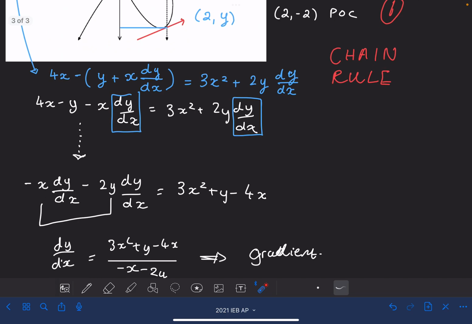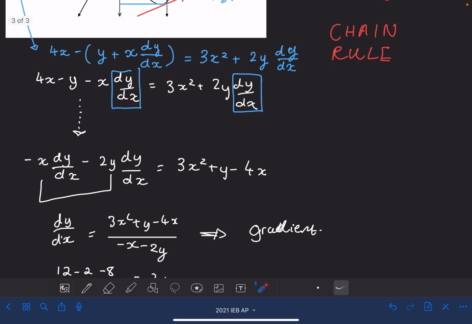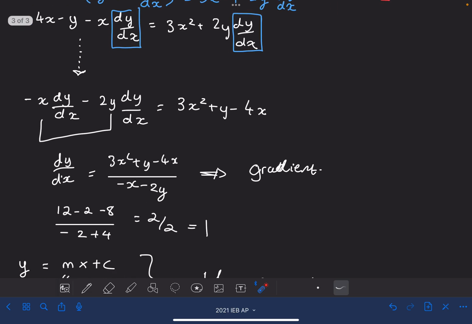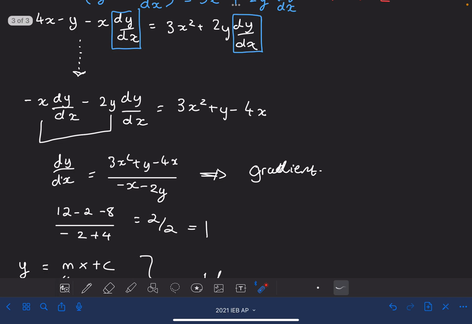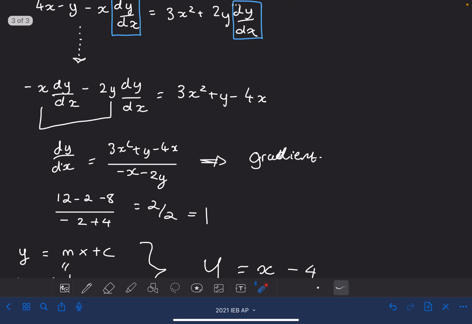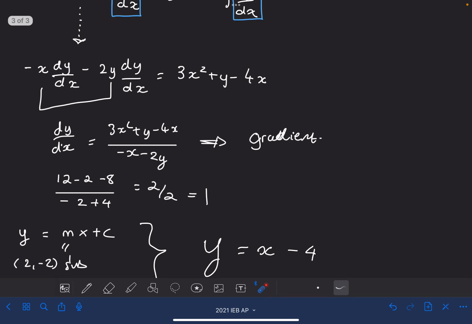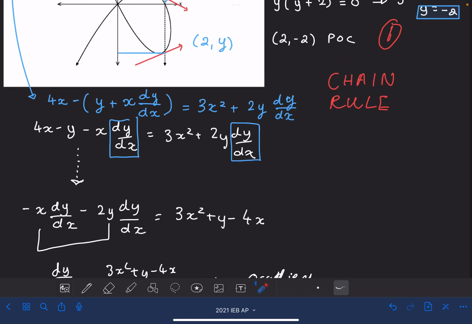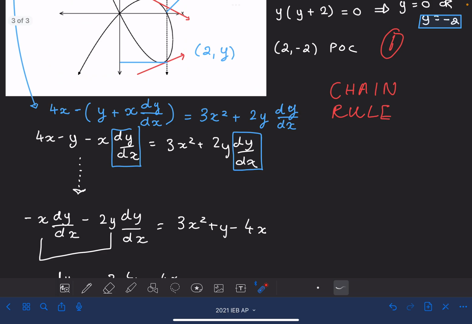After doing the implicit differentiation correctly, you want to group the dy/dx's together so that you can get the derivative term on its own. After doing some algebra and rearranging, you should find the term that gives you the gradient at any point along this curve. Then you want to substitute back in that point of contact, since we essentially want the gradient for this point of contact only, because that's going to give us the line.